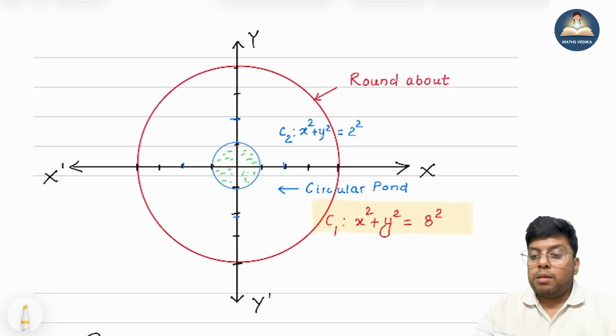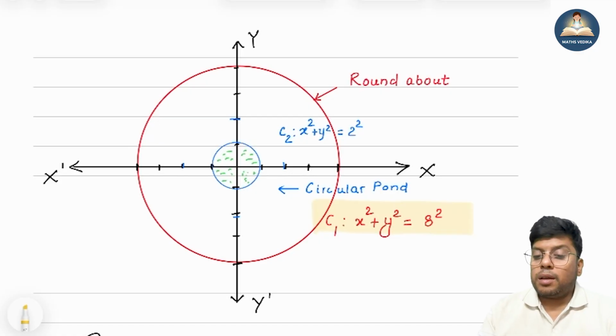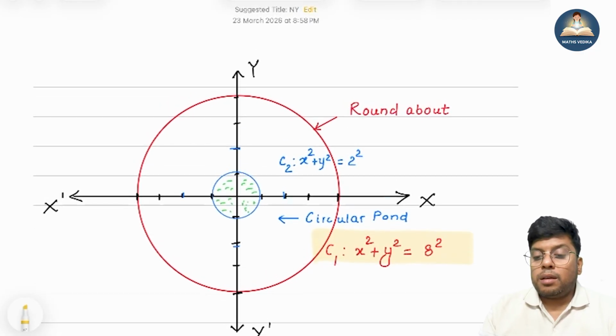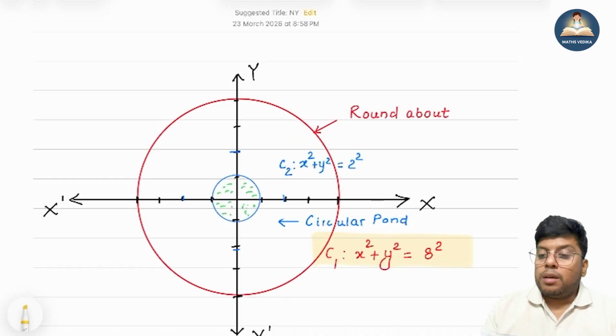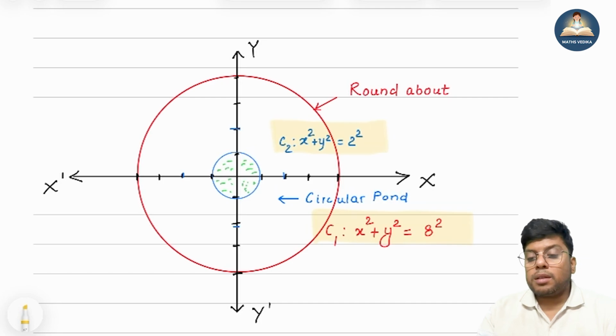Second is the circular pond, which is the smaller circle, the circle in blue. The equation will be x square plus y square is equal to 2 square, which means the radius of the pond will be 2 units.